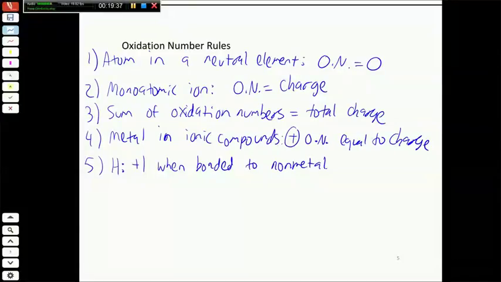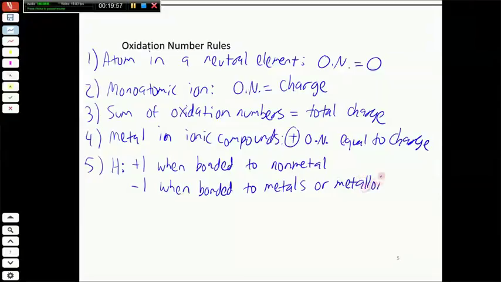The only exception to this, which we haven't seen many examples of, is that it's -1 when it's bonded to metals or metalloids. When hydrogen is bonded to a metal, we call it hydride, where it behaves like an anion. And so there are a few compounds we'll see like this.